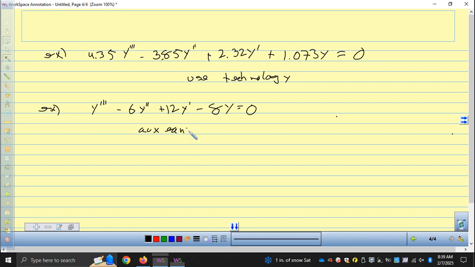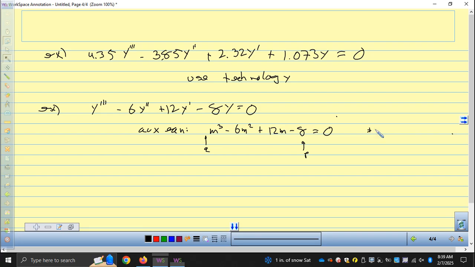The auxiliary equation is m cubed minus 6m squared plus 12m minus 8 equals 0. Not a factor by grouping. So for this one, what I did, that's my p, that's my q.